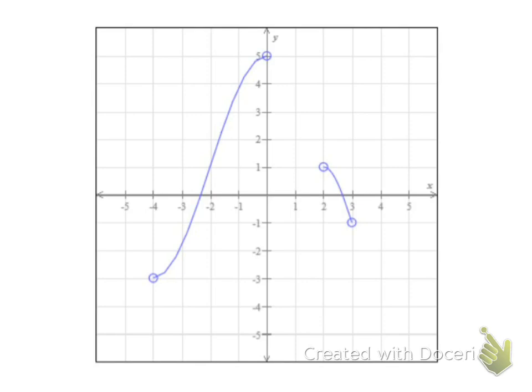First, I want to look at the domain, and domain is the x values. So think about taking these values to the x-axis. We would have an open circle there, and then if we come down here, we have another open circle and all those values in between.